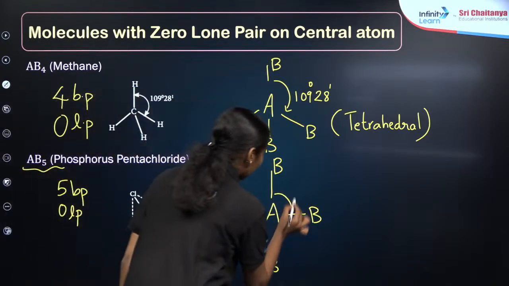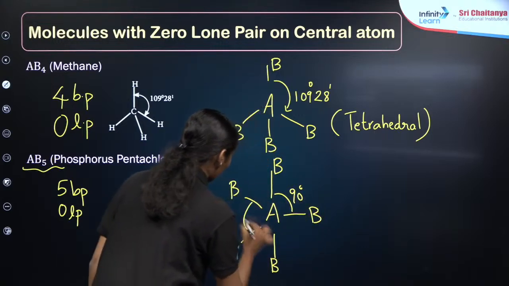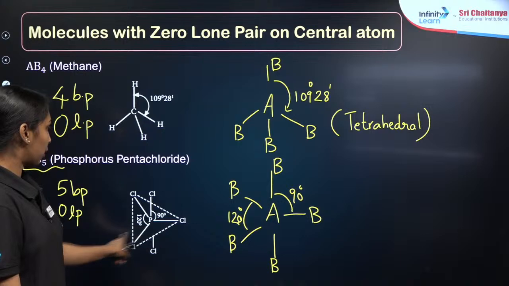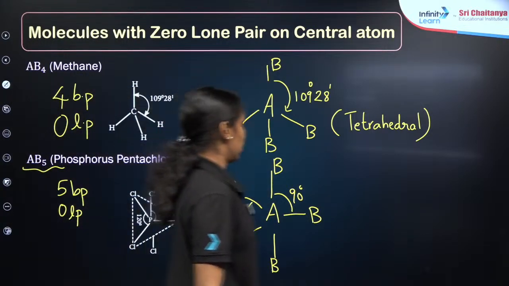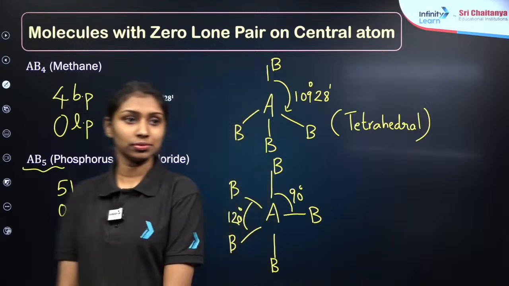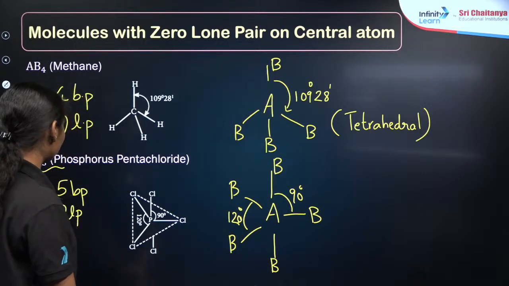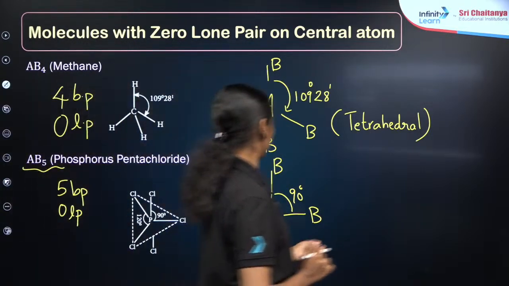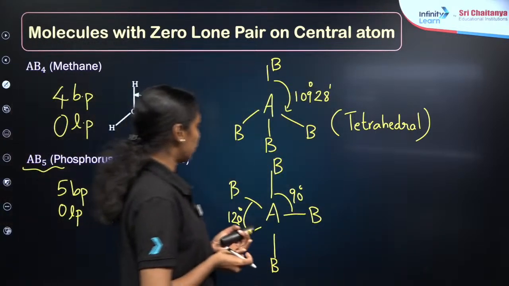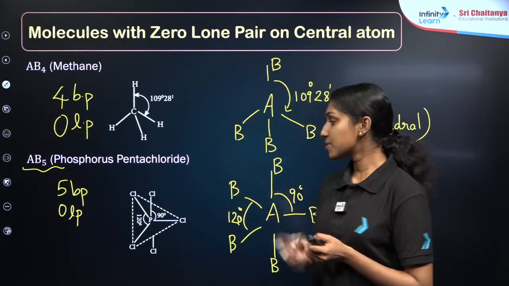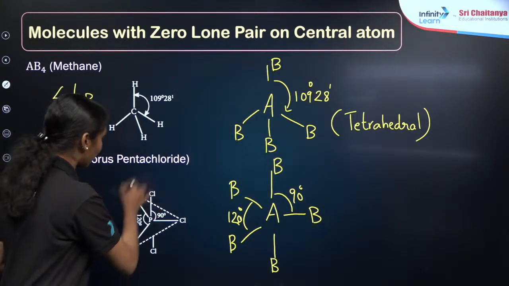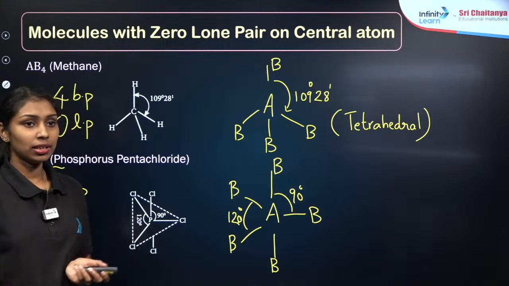Here, this angle will be 90 degree and this angle will be 120 degree. 2 bond angles are present over here. Example is PCl5. Clear? Then the shape is trigonal bipyramidal. As you can see here, this will be a trigonal shape having 2 pyramids. Clear?